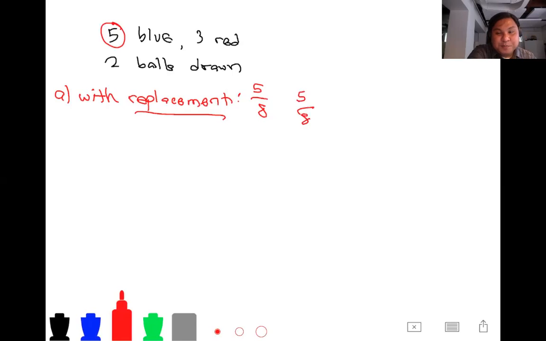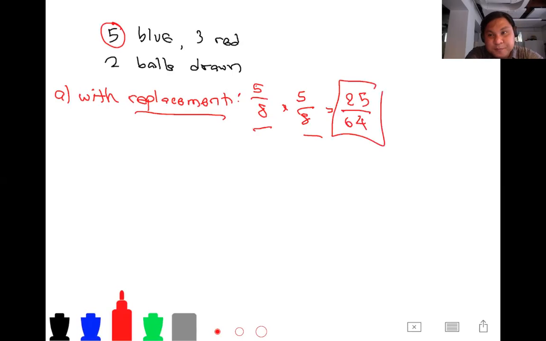Therefore, the probability that you get 2 blue balls in those 2 draws is simply 5 times 5, that's 25, over 8 times 8, that's 64. 25 over 64.